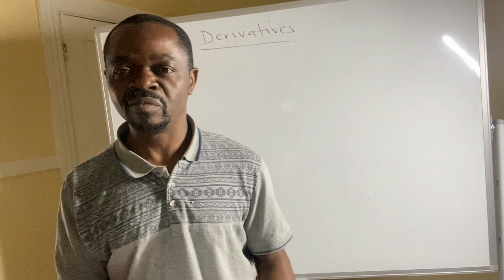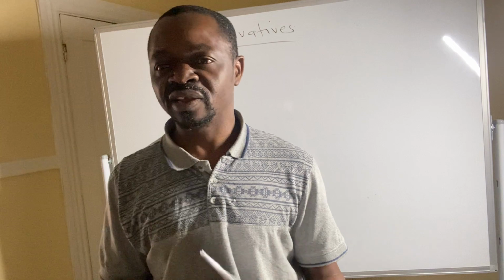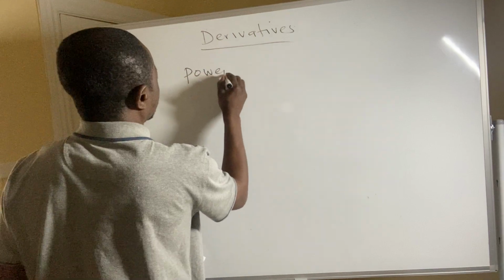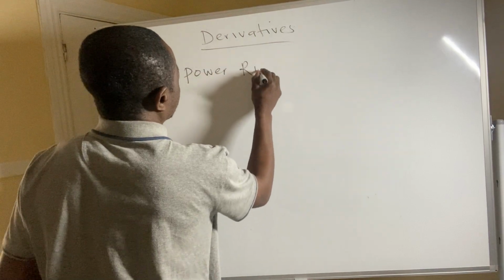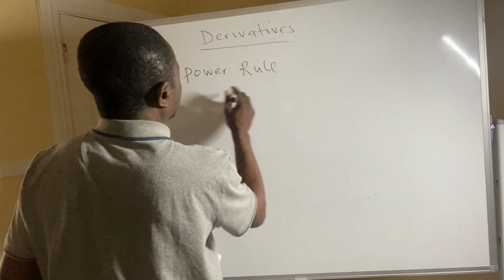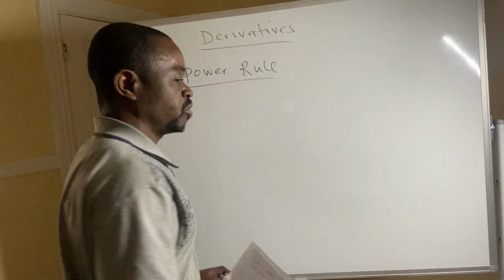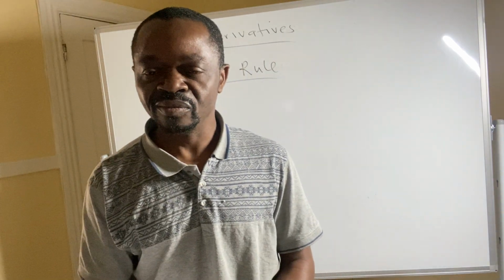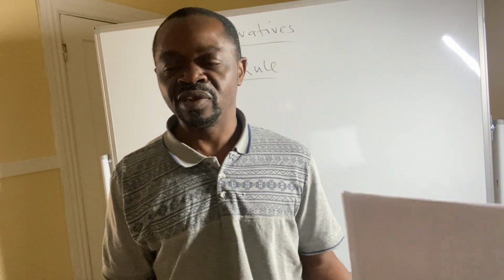So the first formula I would like us to look at is the power rule. That's the power rule. So what does the power rule say when dealing with calculus or derivatives?